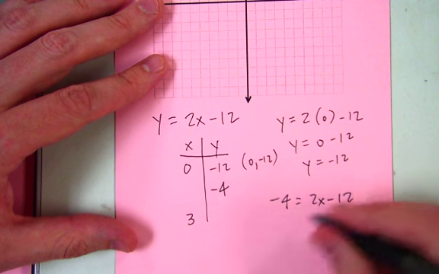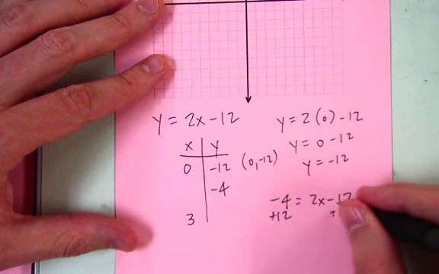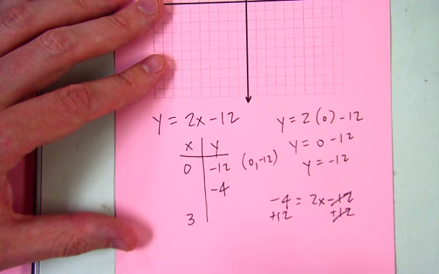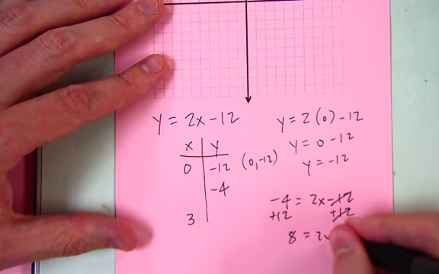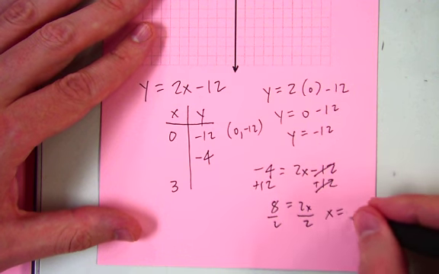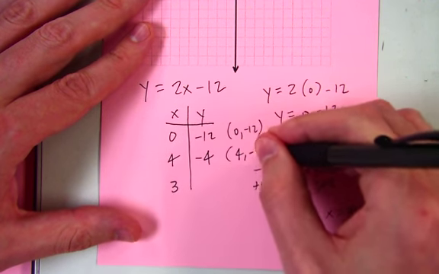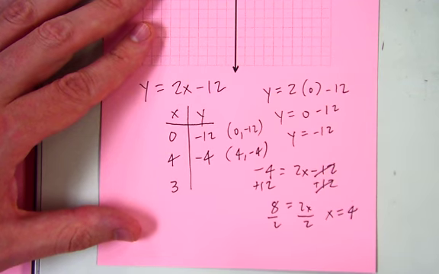There's no simplifying I can really do here. So our next step is to collect our like terms. So I want to move this 12 over to the other side. Then divide by 2. So my x is going to be 4. So that's my x value here, and that gives me another ordered pair based on that second row in my t-table.